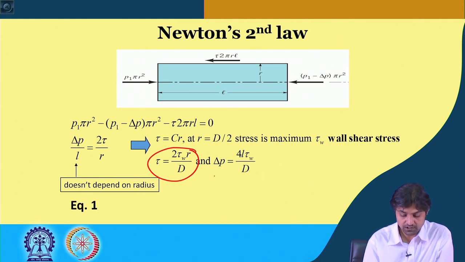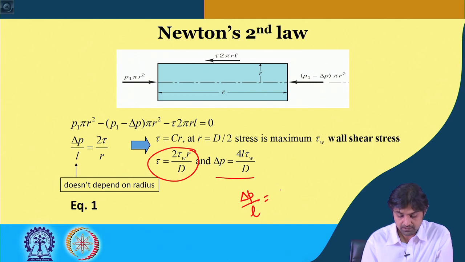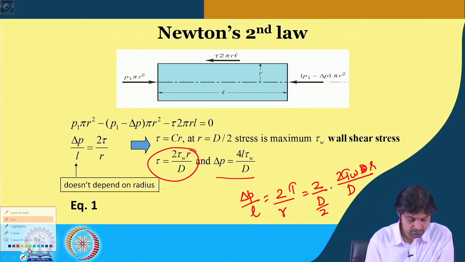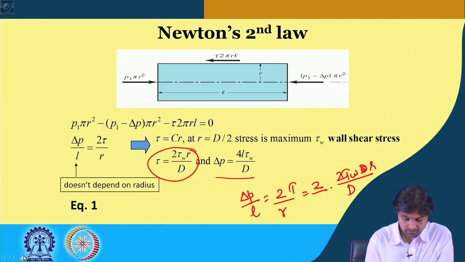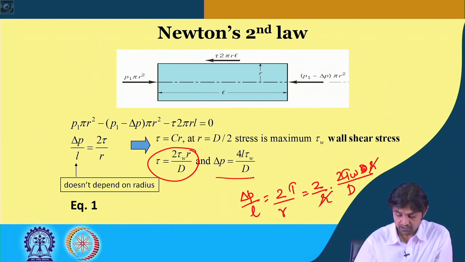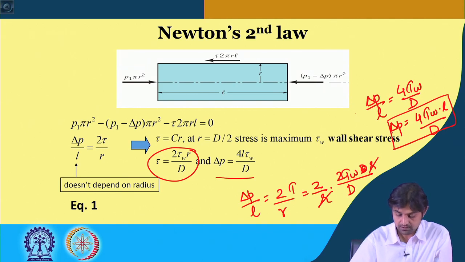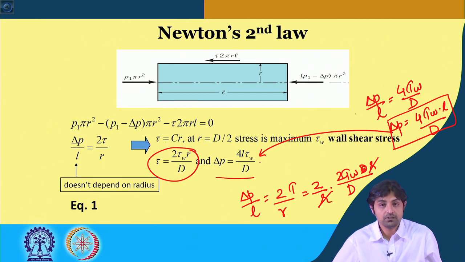And when we have obtained tau, we can write delta P, because delta P by L is equal to 2 tau by R, or we can write D by 2 here, and tau is 2 tau W r by D. So this R and r get cancelled, so this becomes delta P by L is equal to 4 tau W by D, and delta P comes to 4 tau W into L by D, this same equation. All right.